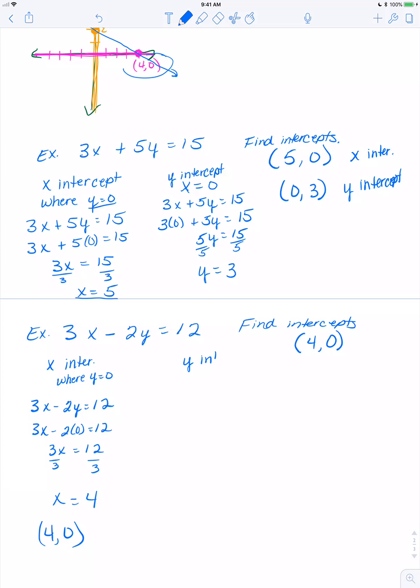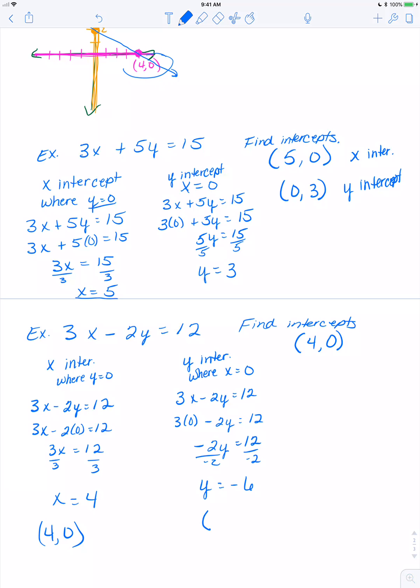Your y-intercept is where x is equal to 0. So take that same equation and set x equal to 0. And that just leaves us with negative 2y is equal to 12. Divide both sides by negative 2, so y would be negative 6.